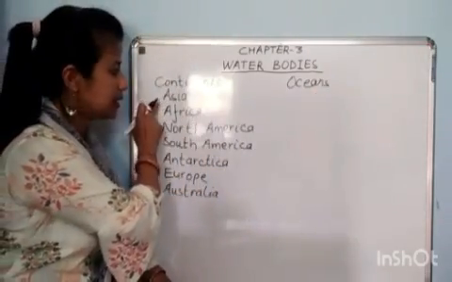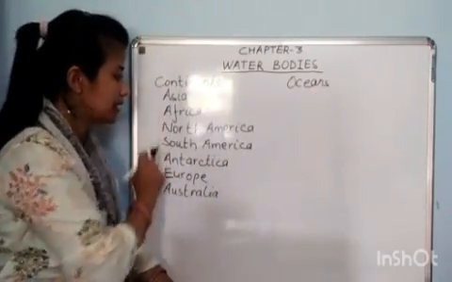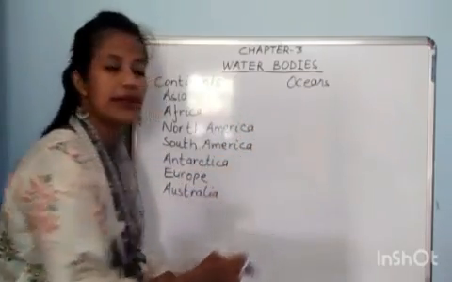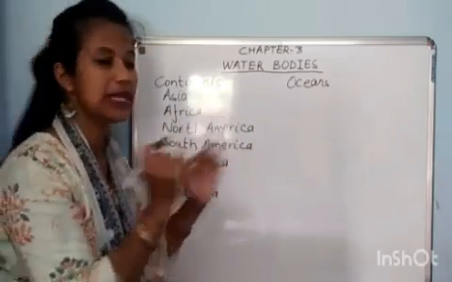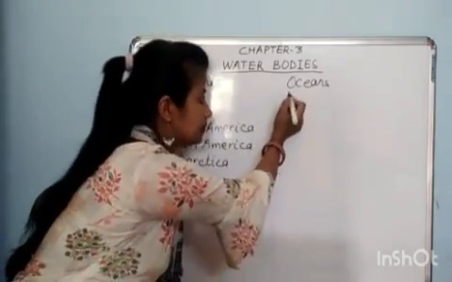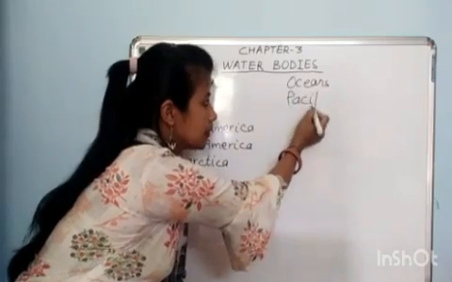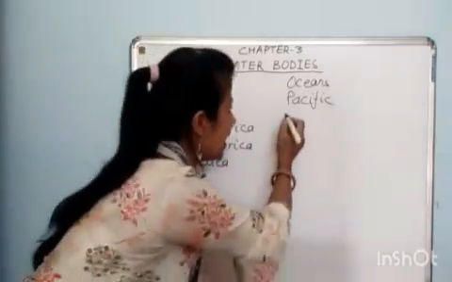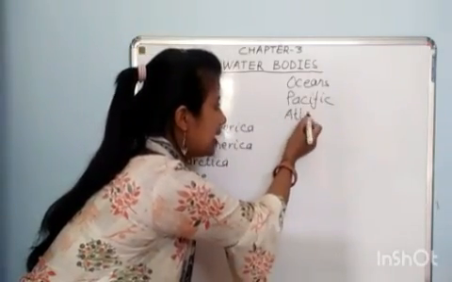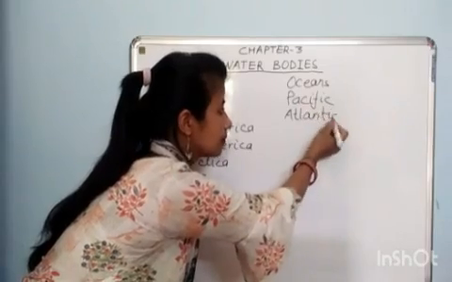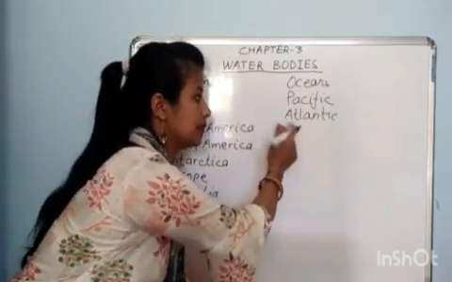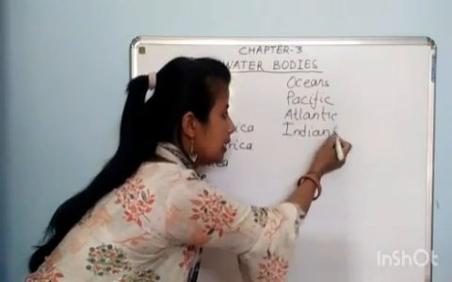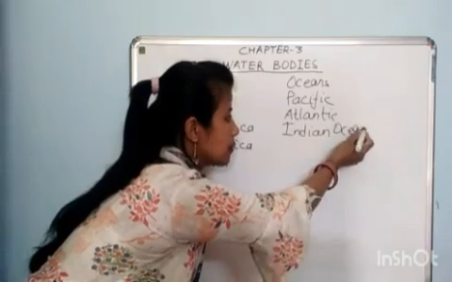Here we have written larger to smaller. Here also we will write larger to smaller. The largest ocean, Pacific. Then Atlantic Ocean.